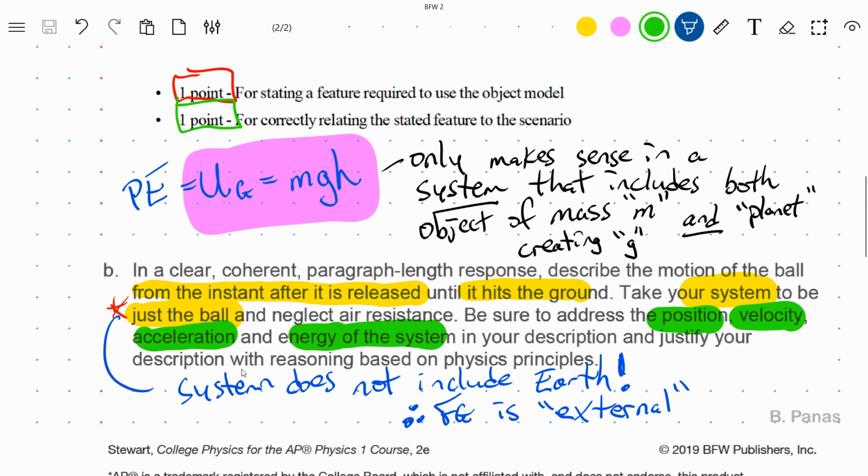Now, of course, I had the luxury of looking at the point allocation before I wrote up my response. So I'm going to be honest with you in saying that I, in effect, kind of cheated to make sure that I got every point.